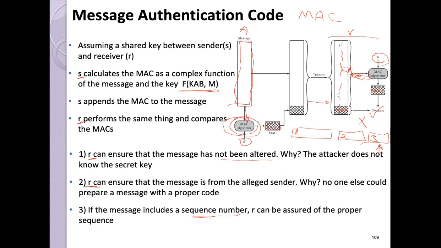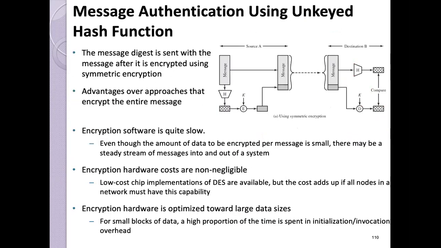Okay, now I want to mention that it should be easy for you to get this: instead of this MAC function, we can of course use a hash function as well, because we don't want to reverse that MAC value.